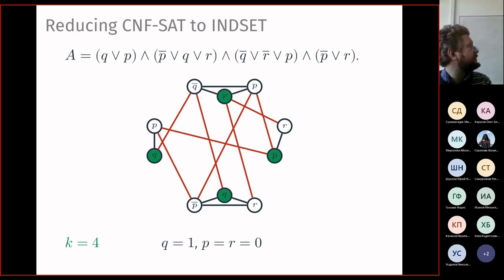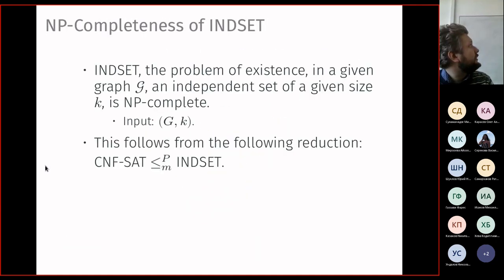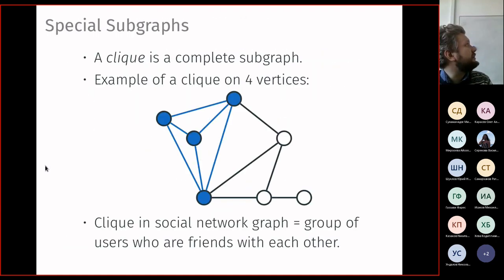On today's practical class, we'll discuss the equivalence of clique and independent set. If independent set is NP-hard, then finding cliques is also NP-hard. And a clique, if it is a subgraph, is always an induced subgraph.